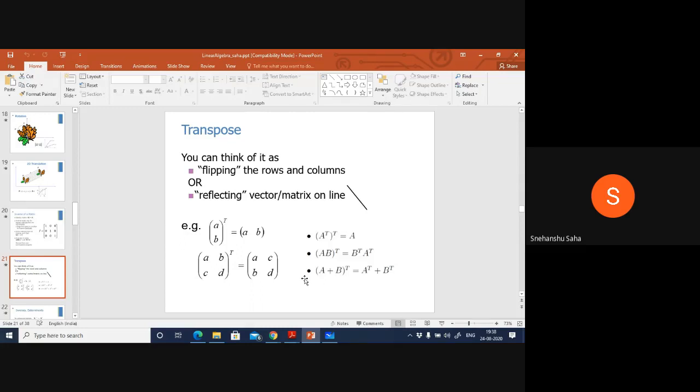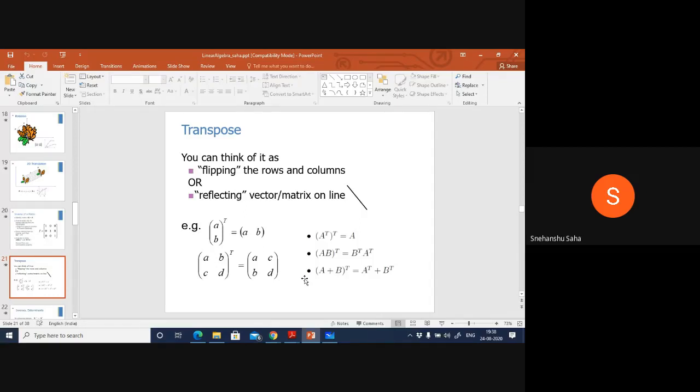If you have two matrices or two linear transformations and you take the transpose, it follows the same rule in terms of order as the inverses. In inverses, we have seen that the inverse of AB is B inverse A inverse. The same applies to transposes: the transpose of AB is B transpose A transpose.